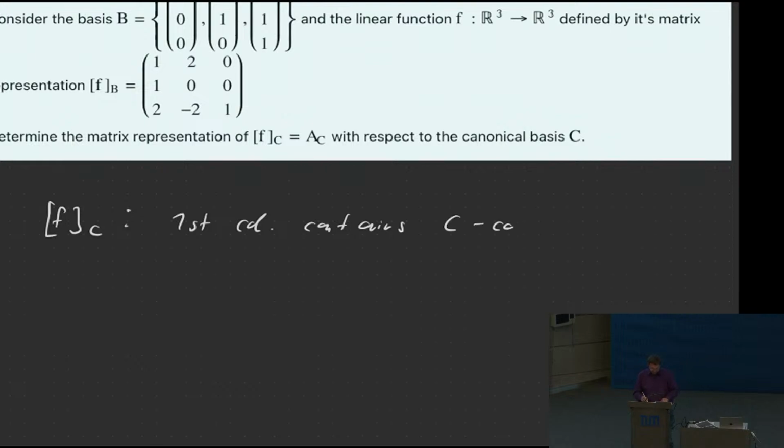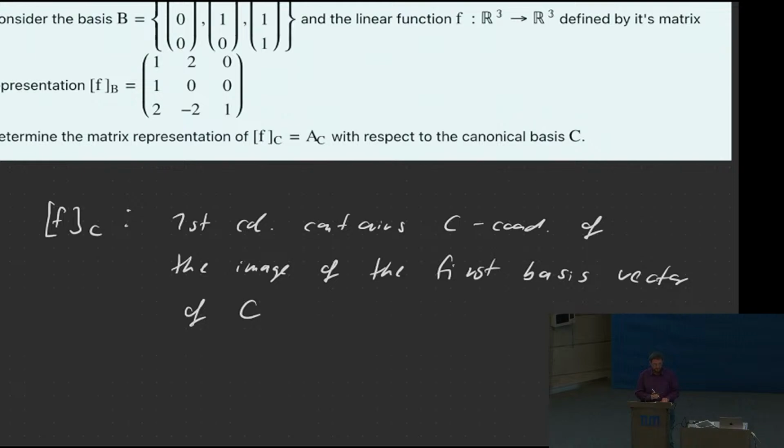It contains the C coordinates of the image of the first basis vector of C. The coordinates are always due to this output.